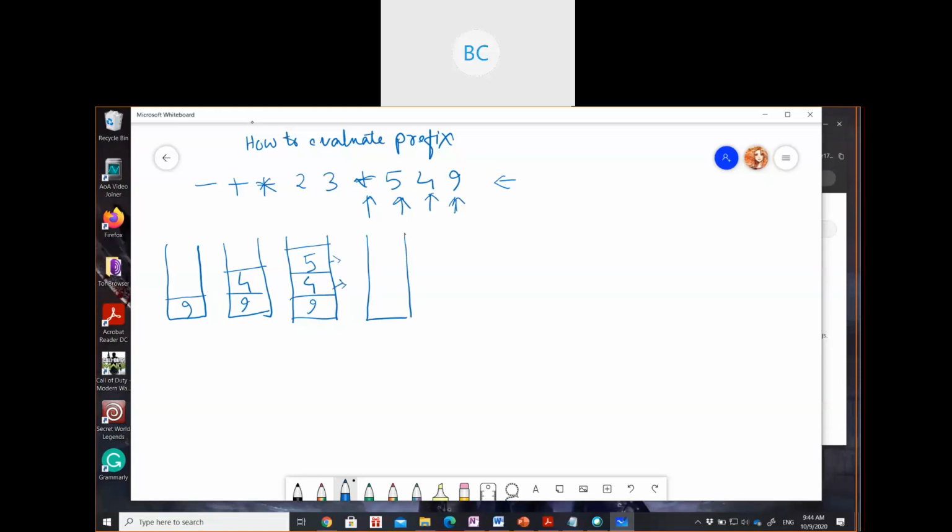So after doing that, what will be the result? 5 into 4 is your 20. Correct? So now you move again. Now you have a number again. So you will simply push it to the stack. Next you move again. Then again there is a number. So you will push it to the stack.